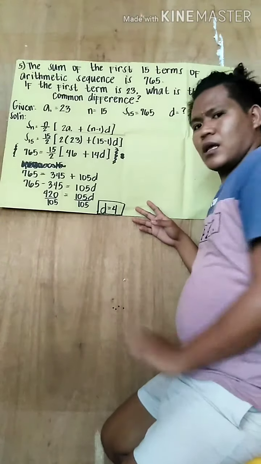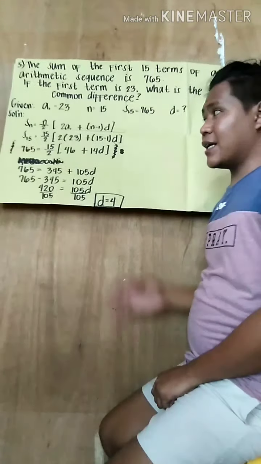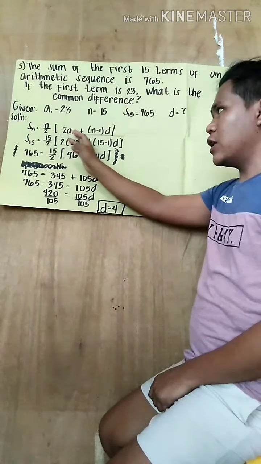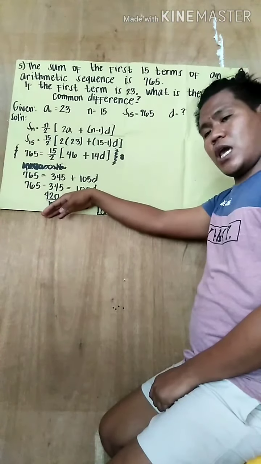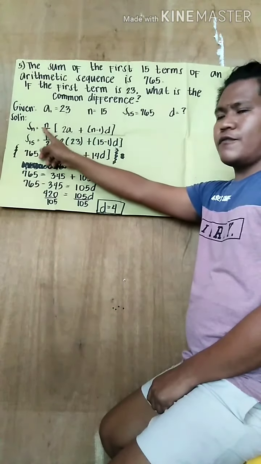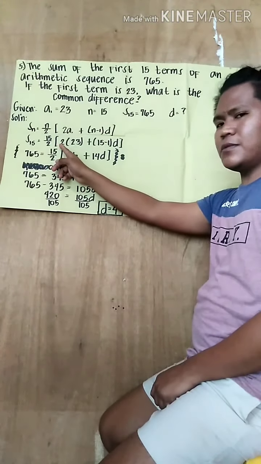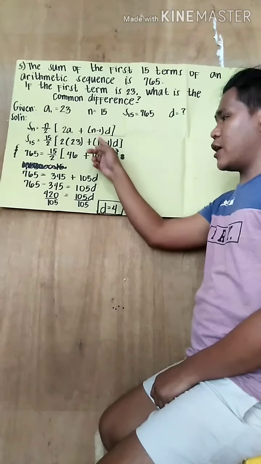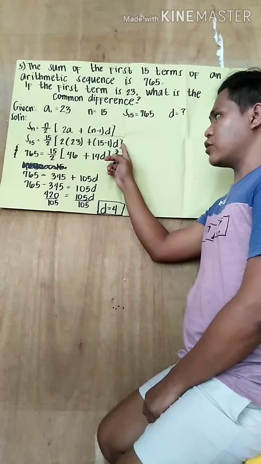Okay. We will use the formula again. S sub n is equal to n over 2 multiplied to 2a sub 1 plus n minus 1 multiplied to d. So s sub 15, which is n, 15 over 2 times 2 multiplied to 23 plus n, which is 15, minus 1 multiplied to the common difference.